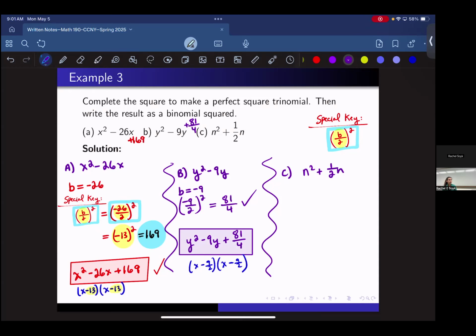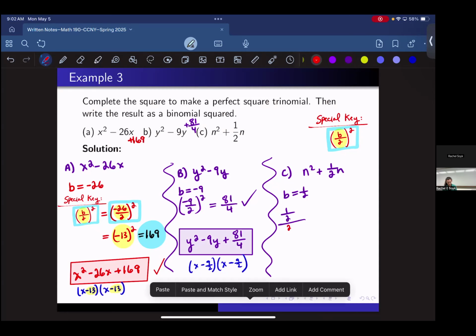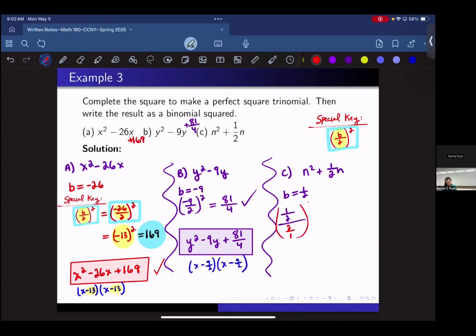And then we're going to go ahead and figure out our b value, which is 1/2. Divide it by 2, and then square it. 2 as a fraction is 2 over 1. So 1/2 divided by 2 is just 1/4. And 1/4 squared is 1/16.